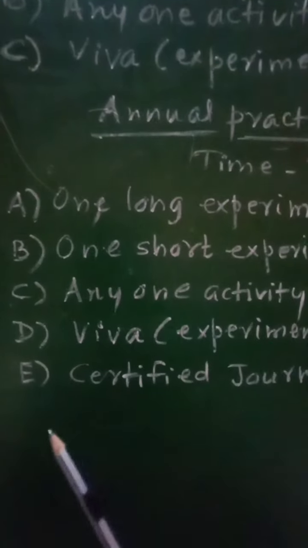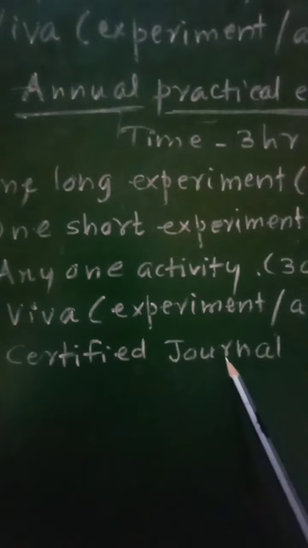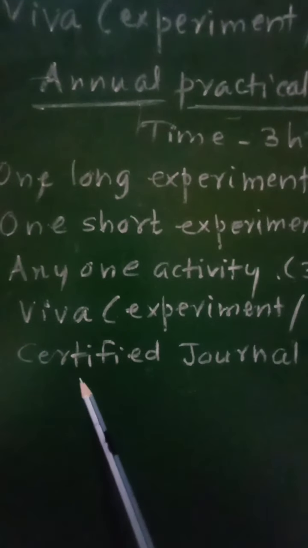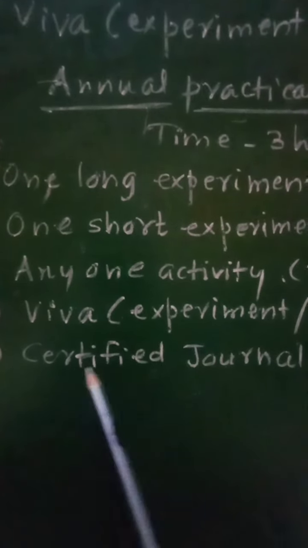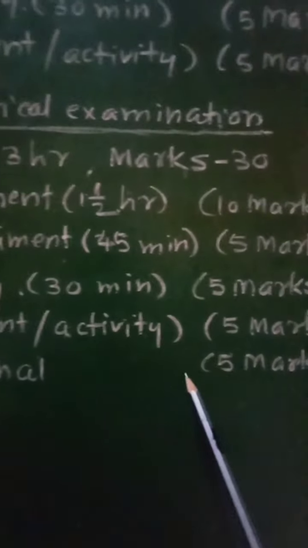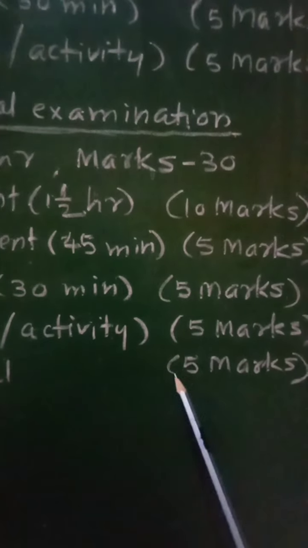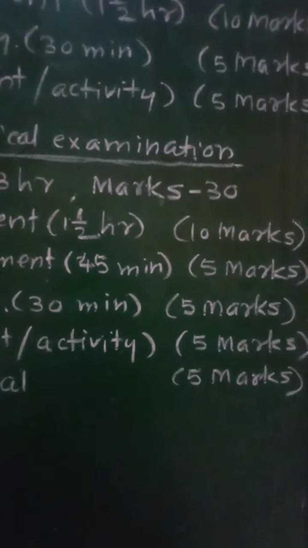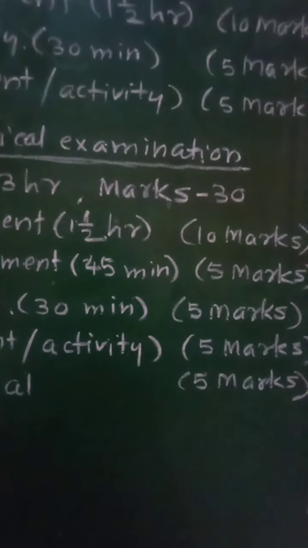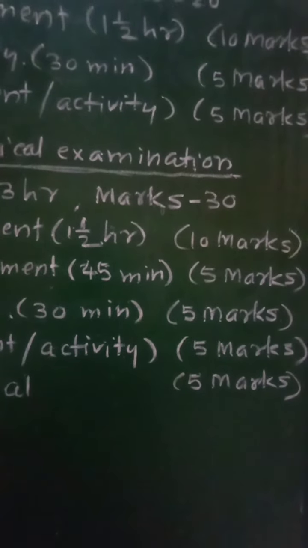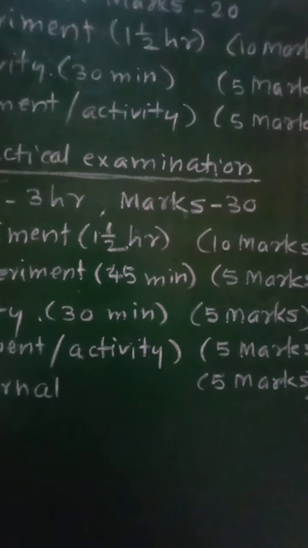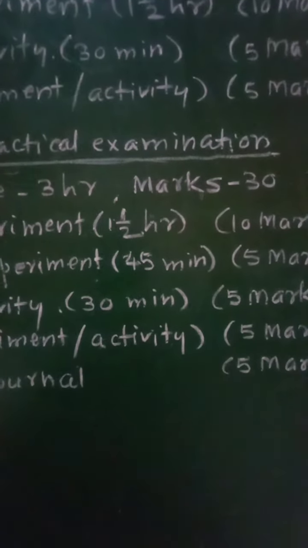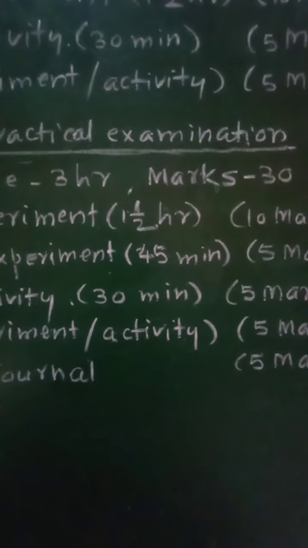Then part E will be the certified journal, the record of the experiments, which will carry 5 marks. So like this, there will be a format for the theory examination as well as the practical examination, for both 11th as well as 12th class.